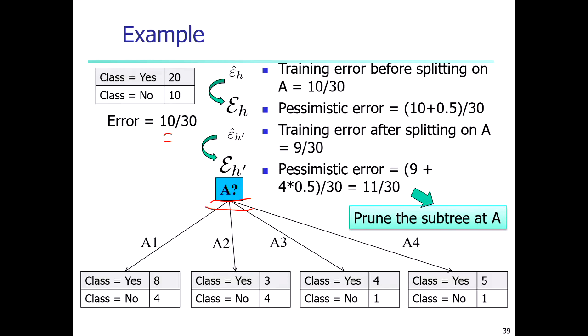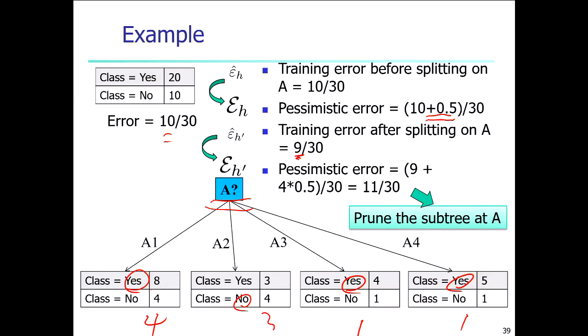And the pessimistic error, we just need to plus 0.5 here if we do not do the splitting. Okay. After we do the splitting, this is what we have. And our class label would be yes here, no here, yes and yes. So the errors are 4, 3, 1, and 1. So the total errors is 9.